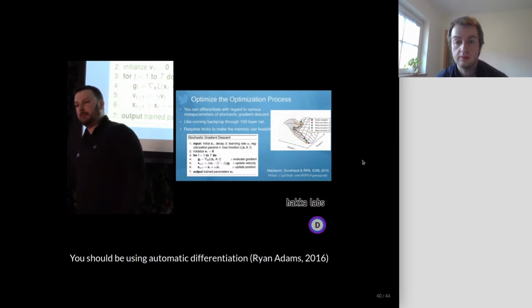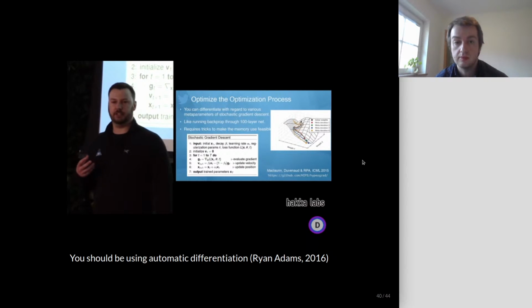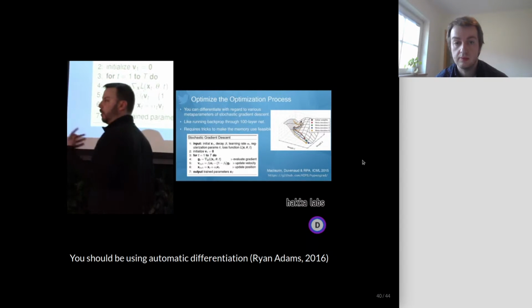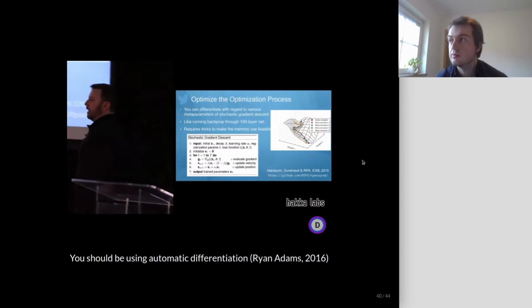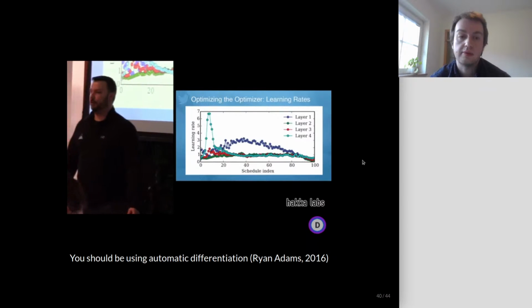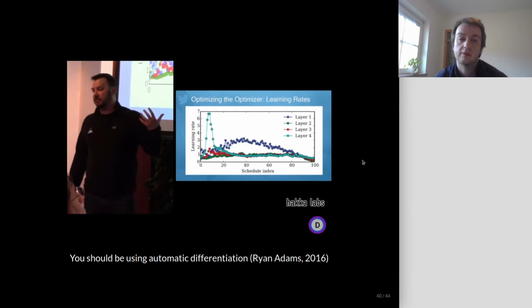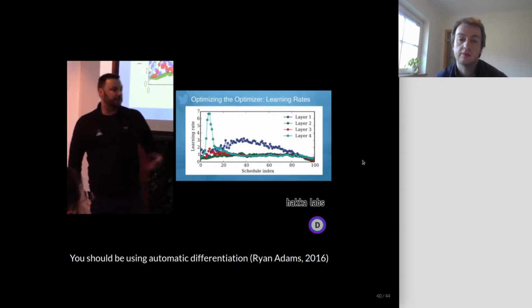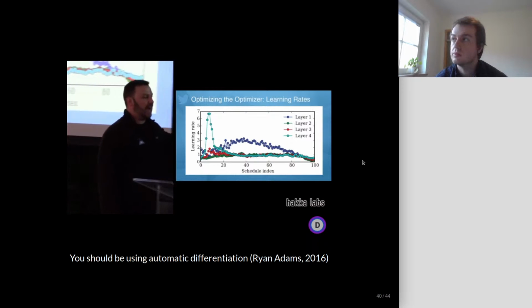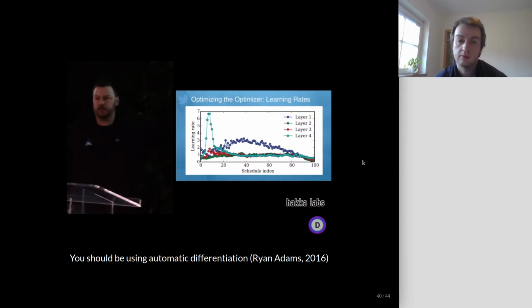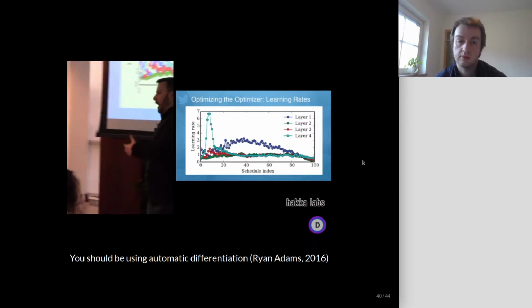So you can actually backpropagate through stochastic gradient descent to sort of give yourself a microscope, in a sense, to ask questions about how these things might train. So for example, if you've trained a neural network, then you might have faced this challenge of trying to figure out how to set the learning rate for the different layers. Here, where we have access to gradients, we can ask questions like, well, what are the right learning rates, not just for every layer or the whole thing, but for every single time step?